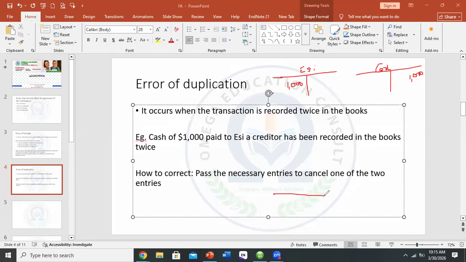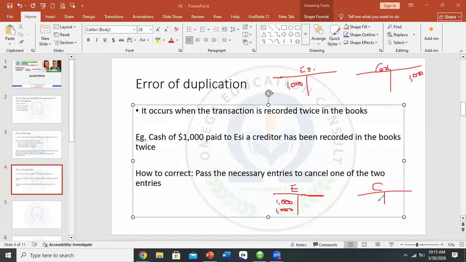The error they made was that they opened AC's account and the cash account, C for cash, E for AC. And this is what they did. They debited AC twice: 1,000, number one, 1,000, number two.